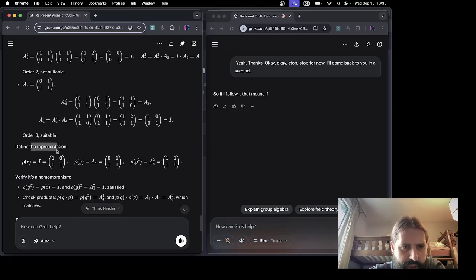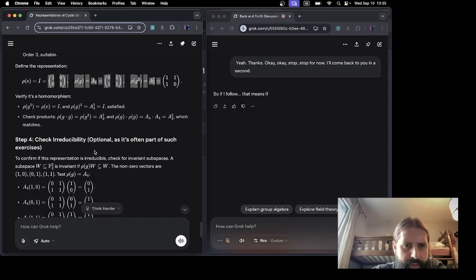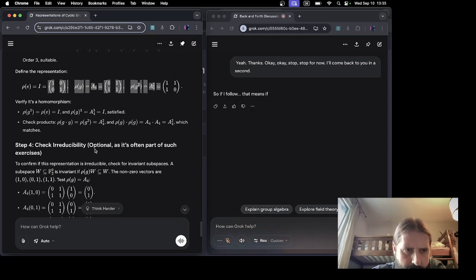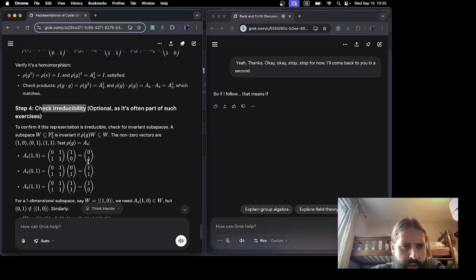Define the representation. So the representation basically is the identity, then rho of G is A4, and G squared is A4 squared. It verifies a homomorphism. Check irreducibility, as it's often part of such exercises.